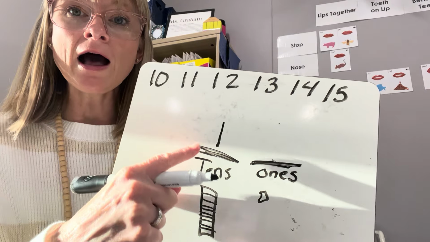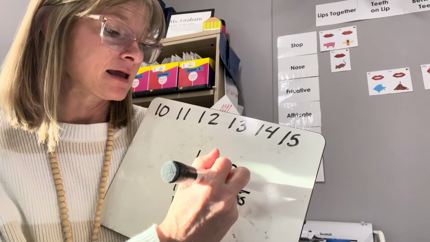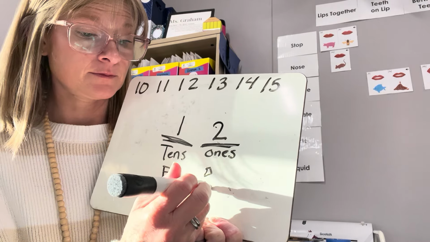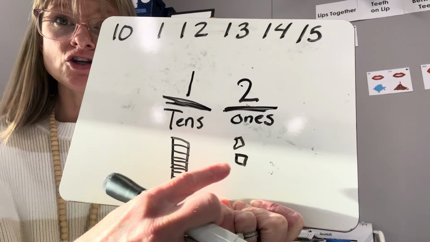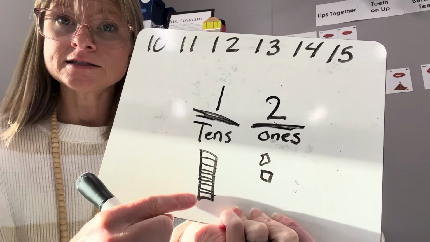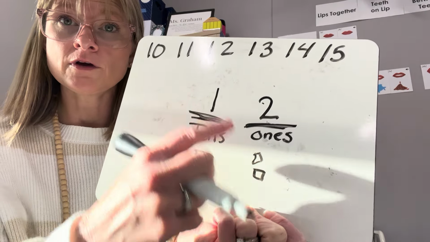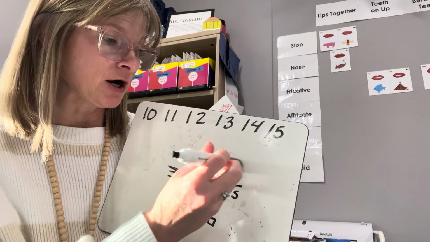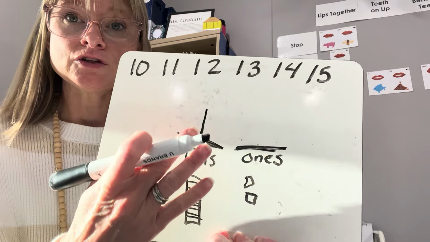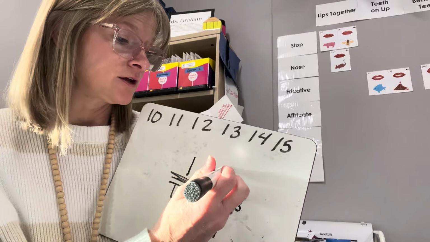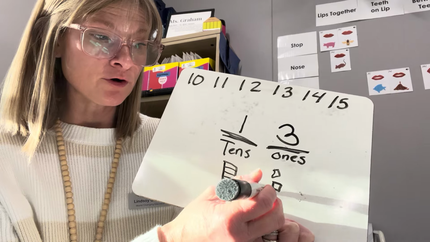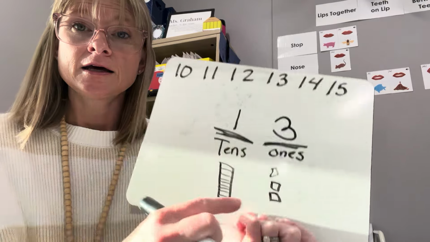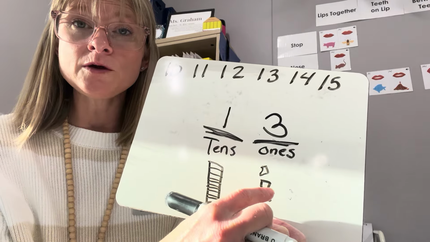For the number 12, it's 1 ten and 2 ones. 1 ten, 2 ones makes 12. 10, 11, 12. Let's not forget 13. That is a common number for friends to skip. So that's 1 ten and 3 ones. The number 13 sounds like third. So 13 is 1 ten and 3 ones.